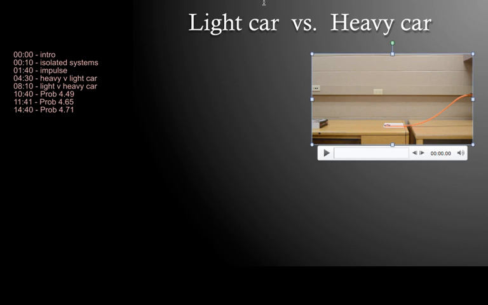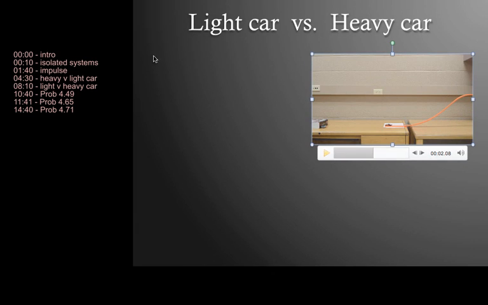So now let's go back to the light car moving down the ramp and hitting the heavier red car. So in this video, the purple car is moving at 2 meters per second right here before the collision. And the red car is at rest. And again, we have m red is 2 m purple.